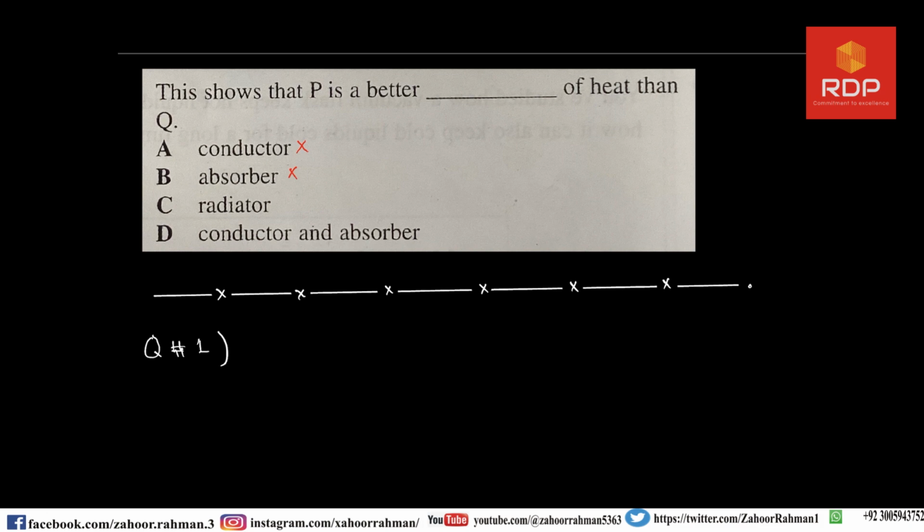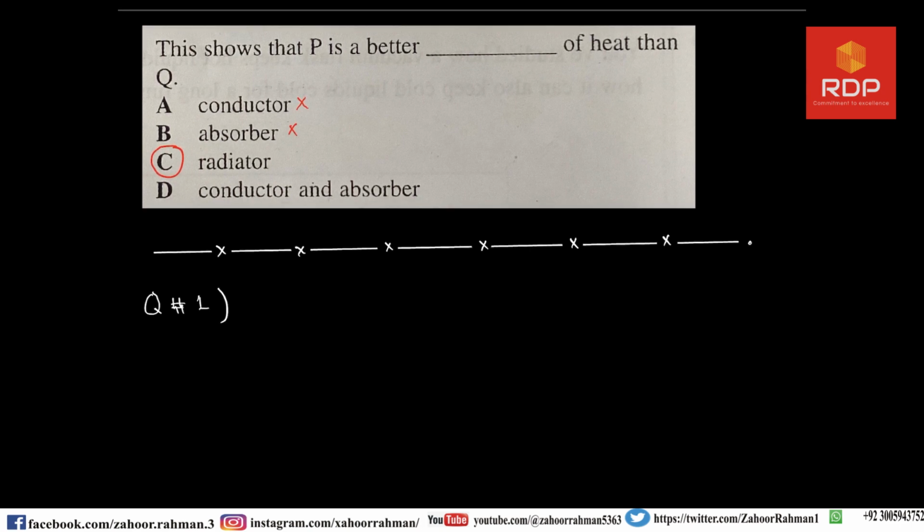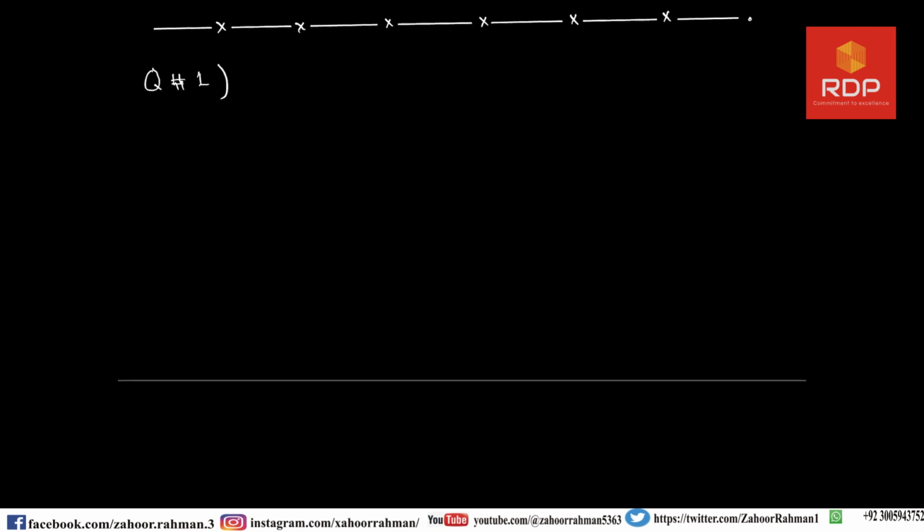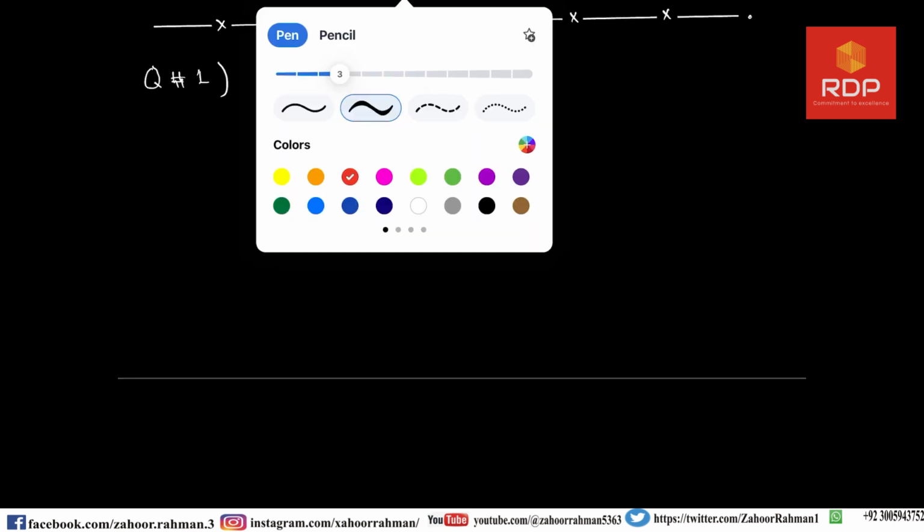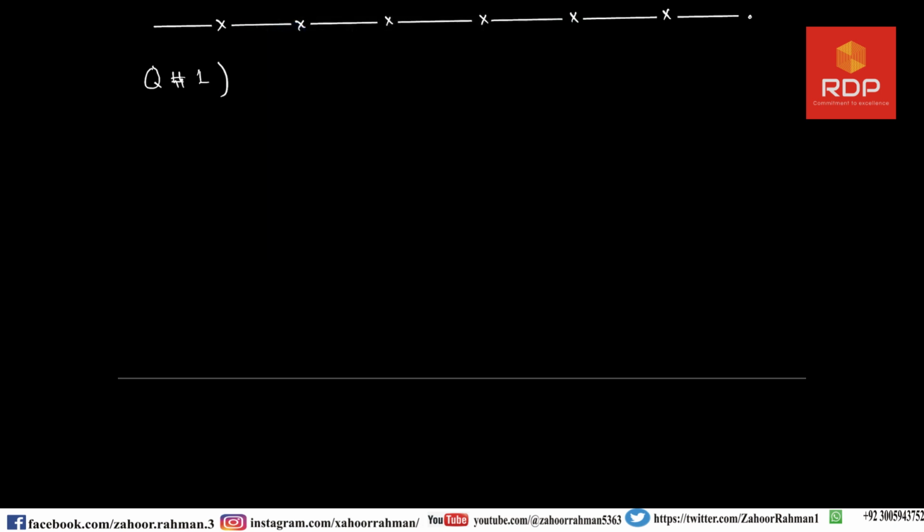The third option is correct because it is a better radiator of heat than Q. So this is radiating the heat, and as a result the temperature is becoming low, and that of Q is high. So option C in this case is correct.